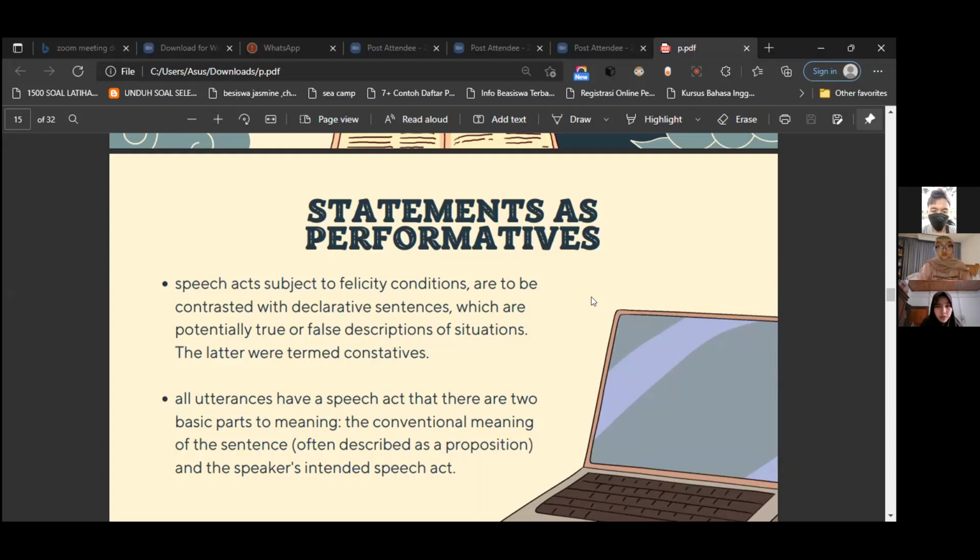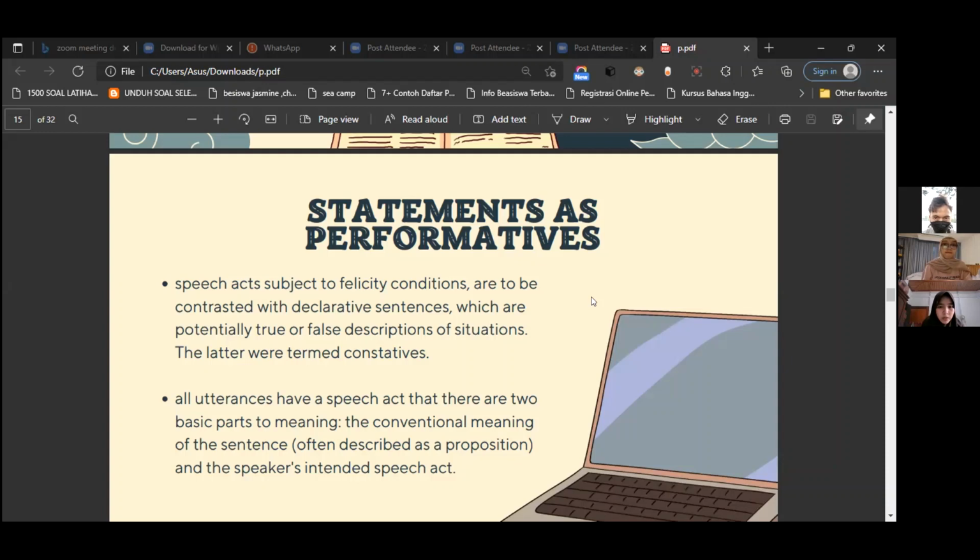all utterances have a speech act that is very similar, namely declarative, interrogative, and imperative. So simply, all utterances have a speech act, and there are two basic parts to meaning.